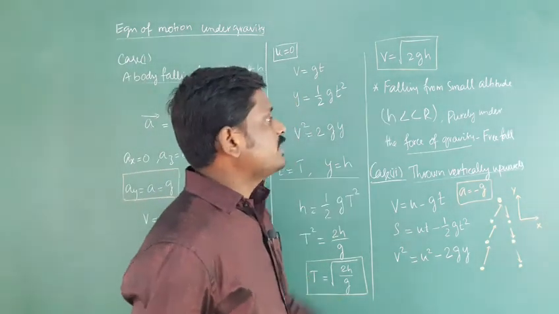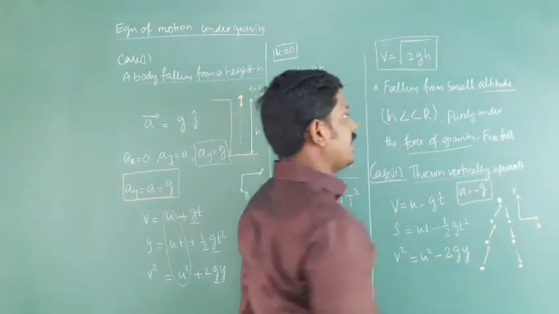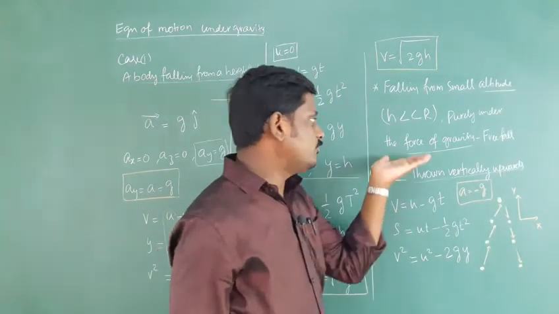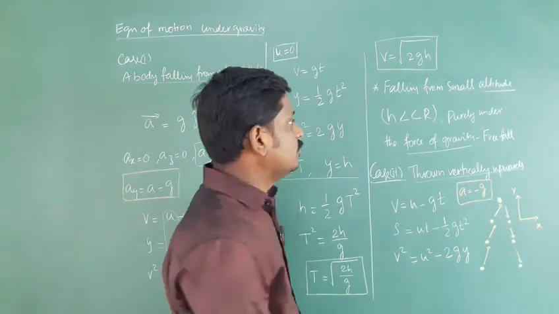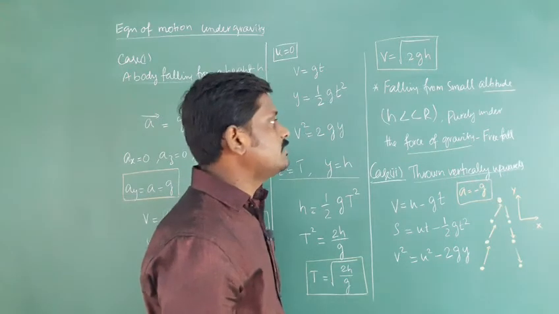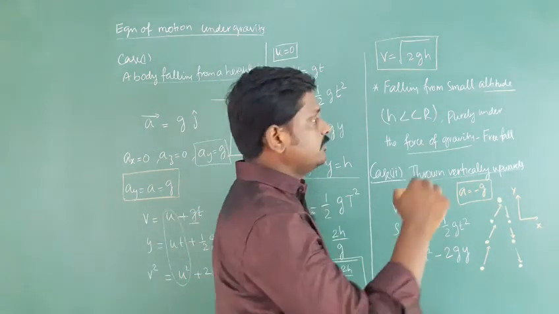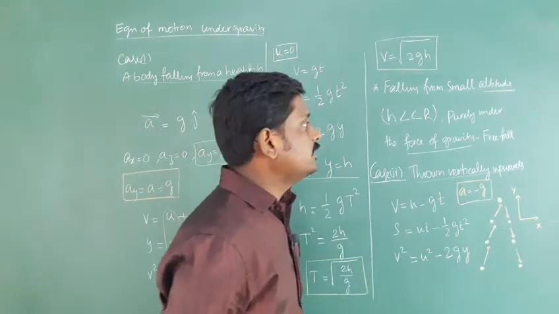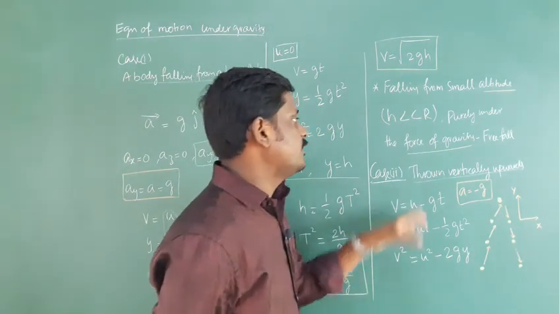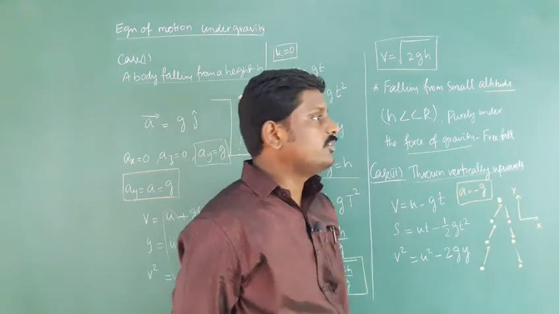For objects falling from a small altitude, meaning height, under purely the force of gravity, the height is less than capital R, the radius of the earth. Then the fall is purely under the force of gravity, and it is also called free fall.